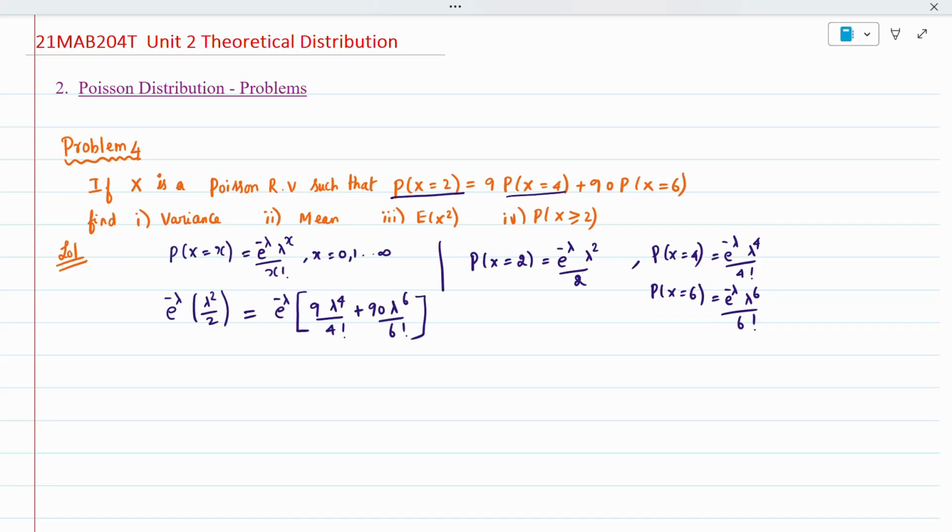Now e to the power minus lambda gets cancelled, and lambda squared divided by lambda squared throughout, so lambda squared also gets cancelled.